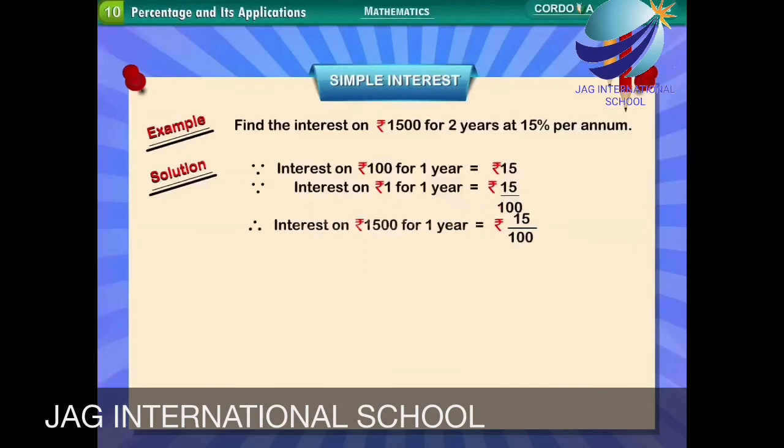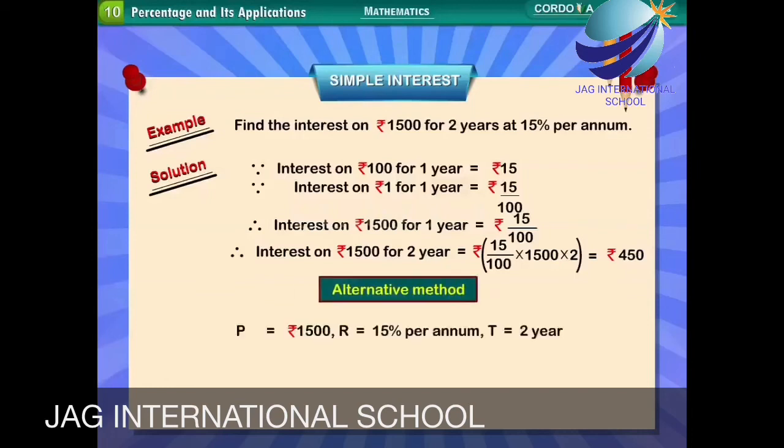Therefore, interest on rupees 1,500 for 1 year is rupees 15/100 × 1,500. Therefore, interest on rupees 1,500 for 2 years is rupees 15/100 × 1,500 × 2 = rupees 450.